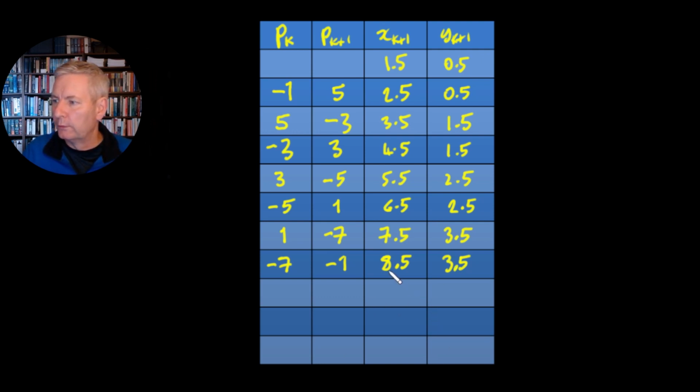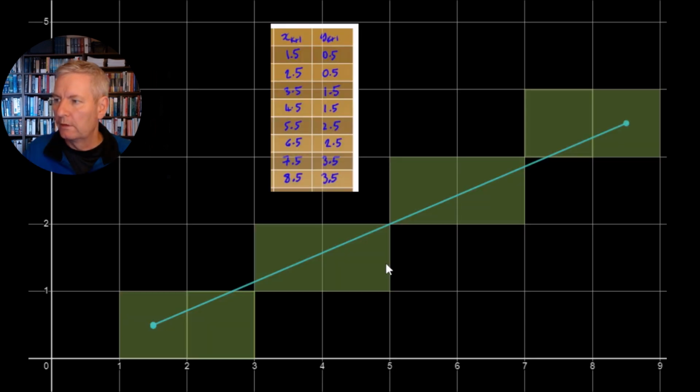Now what we want to do is check the actual points and see whether they match up with the points that we expect to get from our line. So we know we've got the 1.5, 0.5, which is this point here. We know the 2.5, 0.5, which is this one, and the 3.5, 1.5, which is this one here.